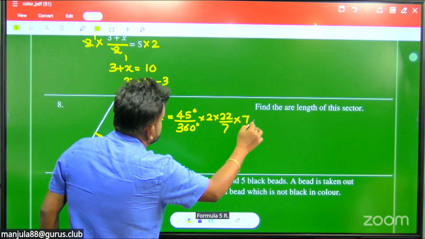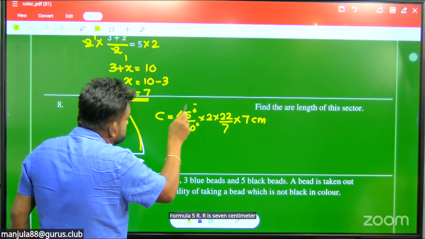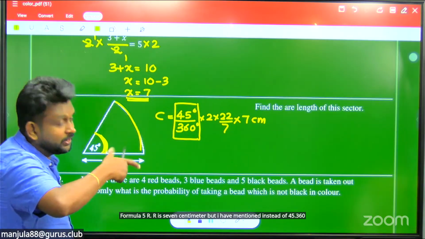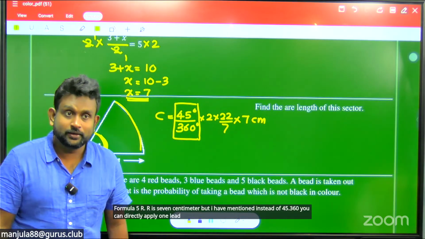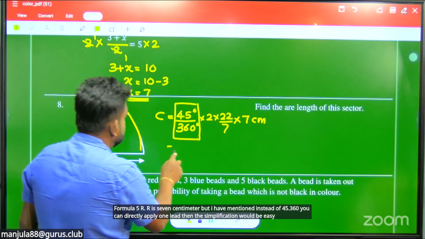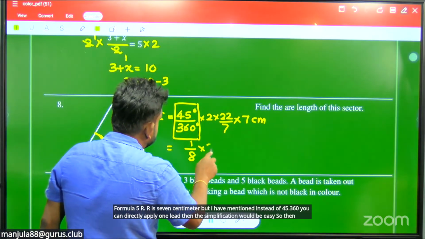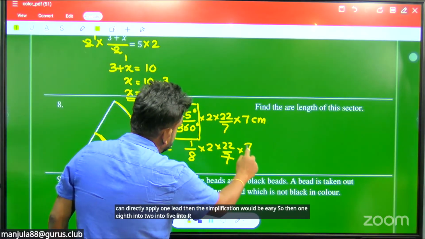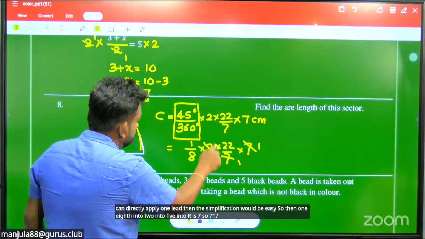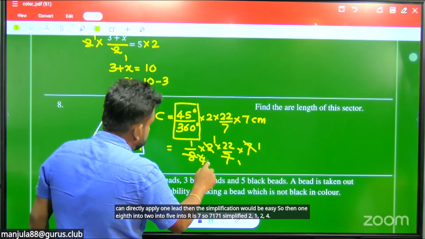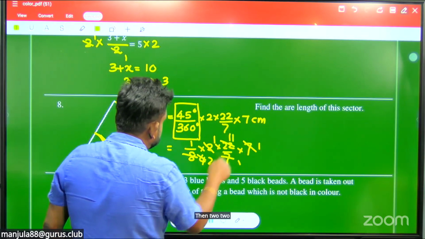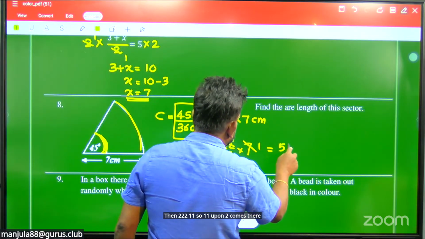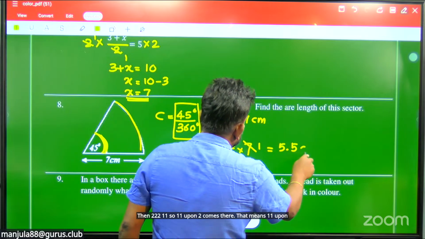R is 7 centimeters. But instead of 45 upon 360, you can directly apply 1/8. Then the simplification would be easy. So 1/8 into 2 into 22/7 into R. R is 7, so 7 and 7 simplified. 2 and 2, 2 and 4, then 2 and 2. So 11 upon 2 comes there, which means 5.5 centimeters.